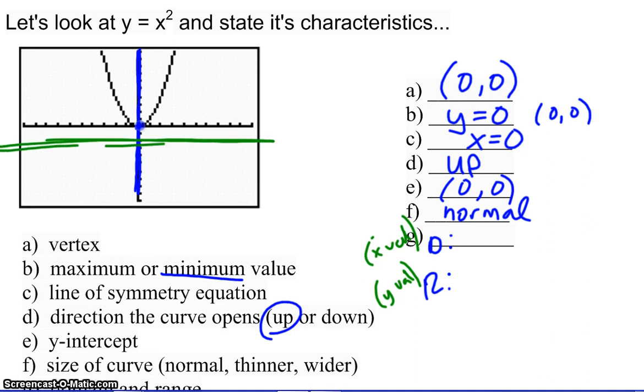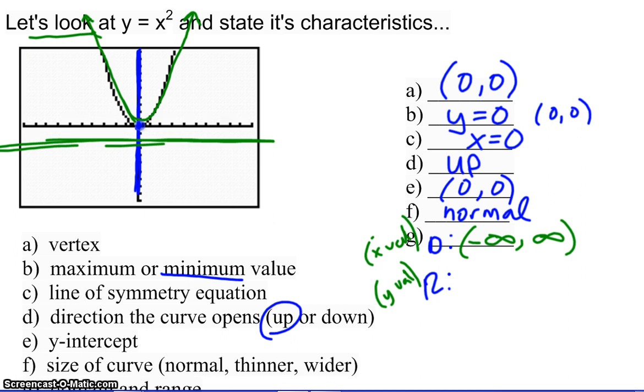As this curve continues on forever, it could be any value coming from the left, and eventually any value to the right. So the domain starts at negative infinity, because it could be anything as we go far, far to the left, and it can go all the way out to infinity. Those are the domain values.